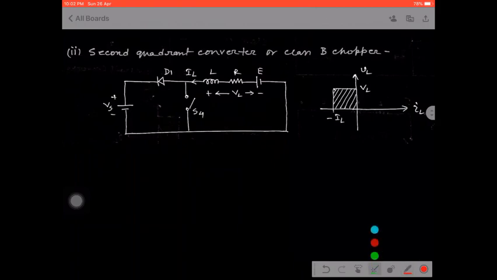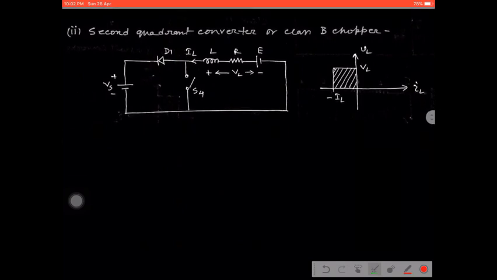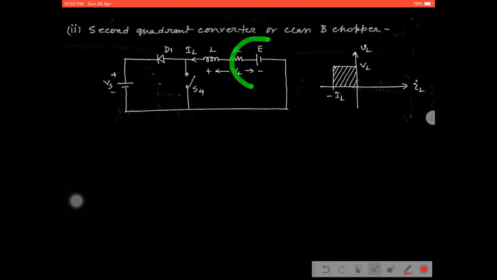See it very carefully. There is no relation between supply and load, as the diode is in reverse biasing condition. That means we can say in this particular case, assume the load voltage is led by the back EMF, meaning here the motor is working as a generator.